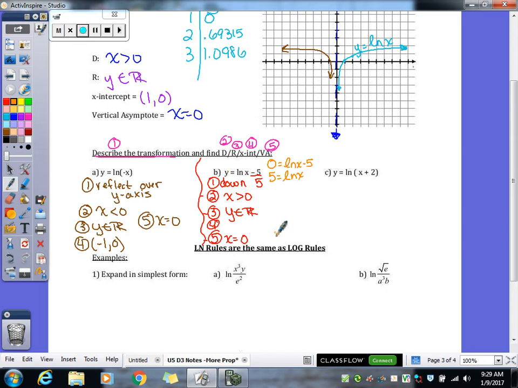You're like, oh, how do I get that x out of there? So keep in mind, this is a base of e, so this is going to be e to the 5th equals x. So then you could use your calculator, type in e to the 5th, and you get 148.41316. So your x-intercept on that one is a pretty big change.